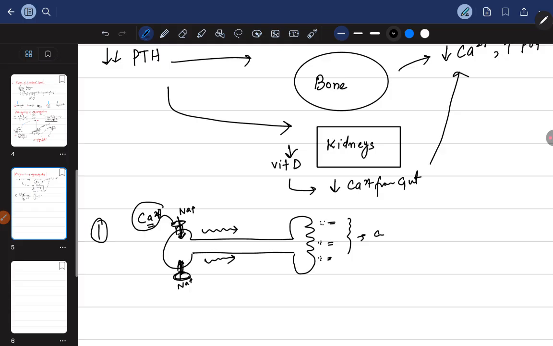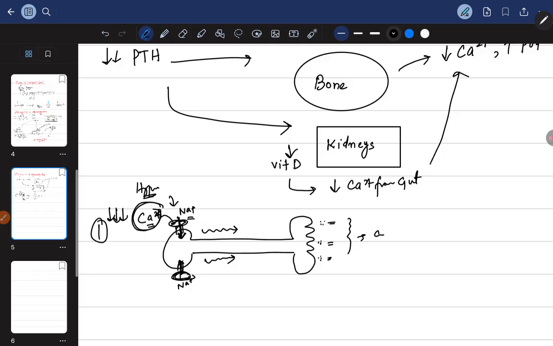Now, when there is hypoparathyroidism, there will be decreased calcium in the blood. So there will be less calcium present to modulate the function of these receptors or these conducting channels.